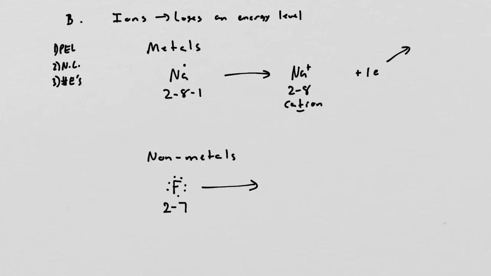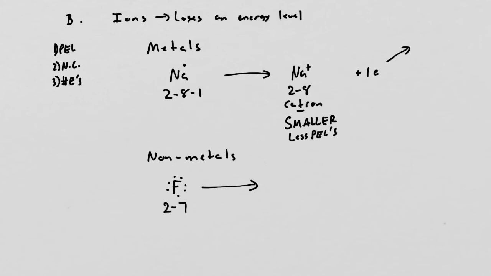Now, some of the transition metals will lose a sublevel, but you can just view it whenever a metal forms this cation, it's going to lose an energy level. And if it loses a layer, it's going to get smaller. So automatically, metal ions or cations will always be smaller than a metal atom of the same element. And that's because it's got less PELs, or principal energy levels.